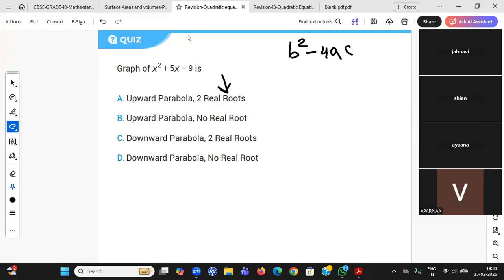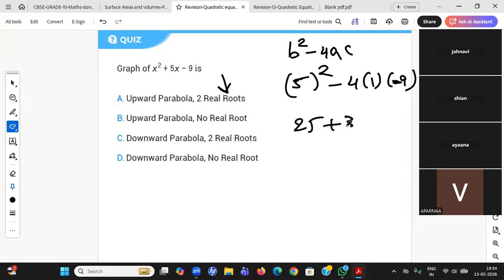Harshini and Narendra answers are not matching. Yes, yes, now matching. Maya, Narendra, and Harshini answers are matching. So student, graph means first of all you see the roots nature, b square minus 4ac. 5 square minus 4 into 1 into minus 9. 25 plus 36 is 61.